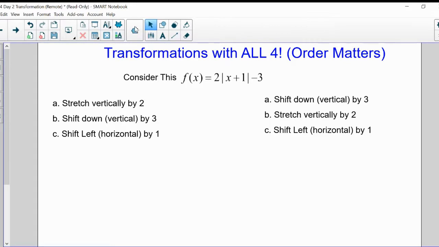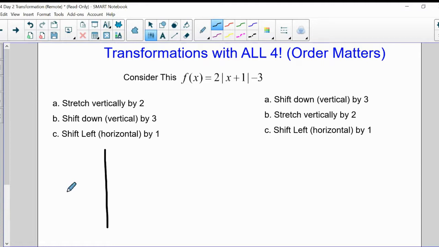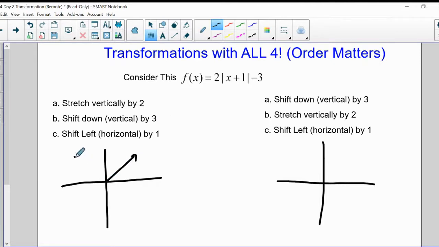Now, transformations with all 4. Let's look at what would happen in each of these cases and which one's correct. So this function is the absolute value graph. And then we're going to do some shifting. So what happens if we stretch vertically by 2?